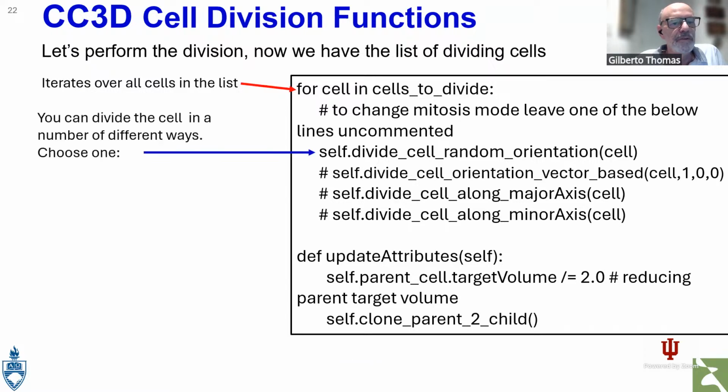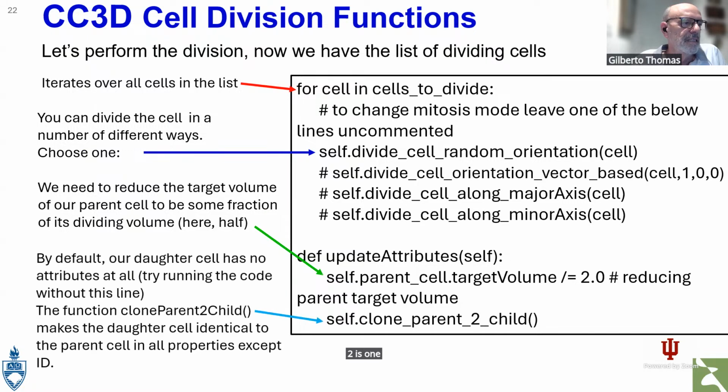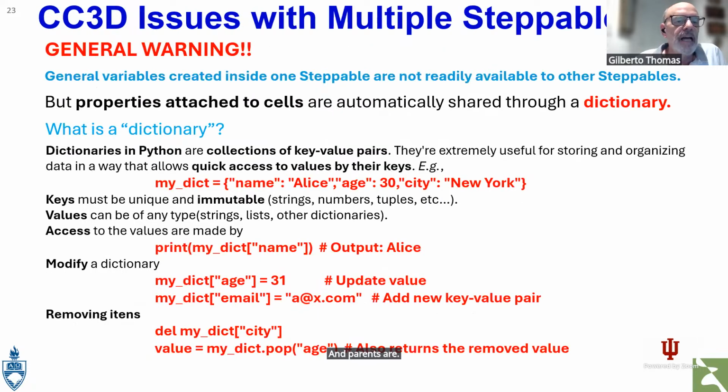Actually, I should go faster. Choose one, self-parent, and parent child. Now, this is why I run this, because I would like to get real, because this is an important thing in CompuCell.